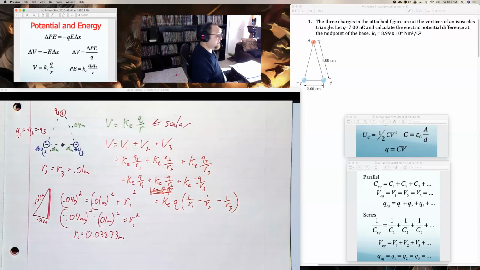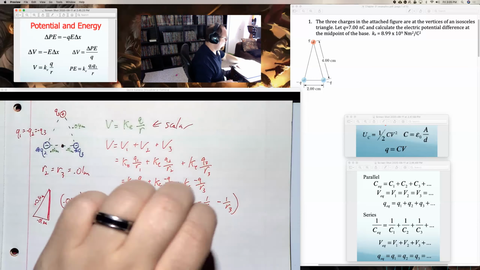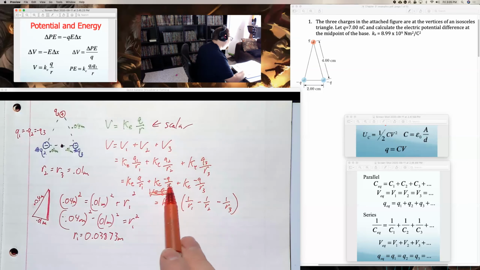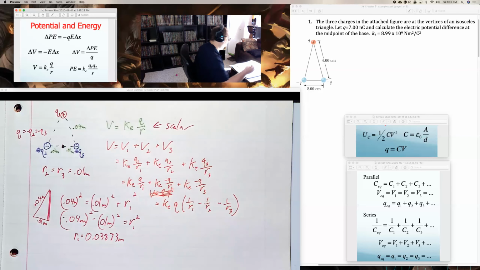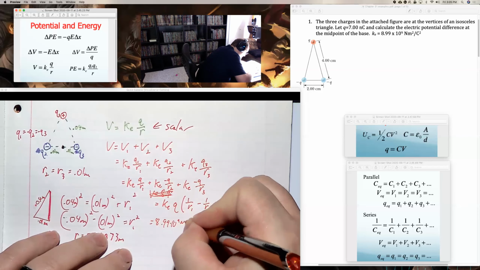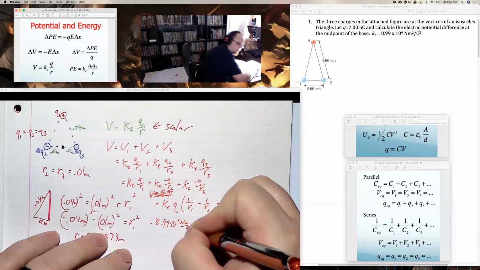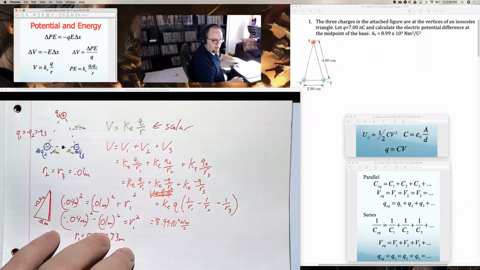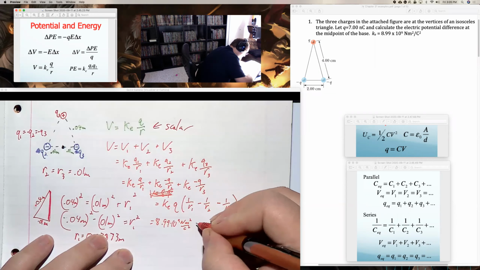Now, when we did forces and electric field, I had an absolute value because we only cared about direction. Here, you do not want to do that. I have to mark this as a negative Q and a negative Q. But otherwise, this is 8.99 times 10 to the 9th newton meters squared per coulomb squared.